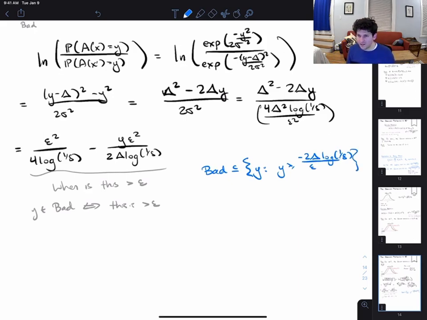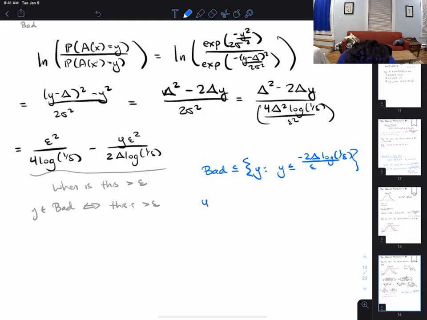Okay, so the bad set is maybe a little bit smaller. So basically, y is bad only if y is, sorry, it should be smaller, if y is smaller than negative 2 delta log over epsilon.